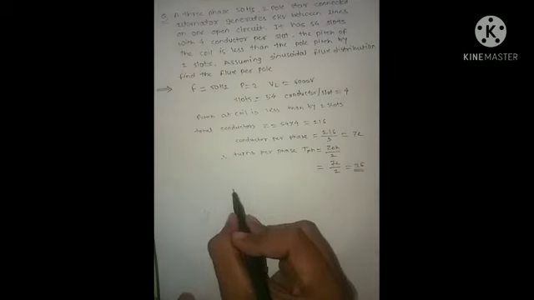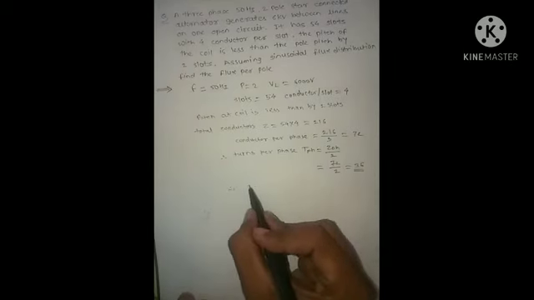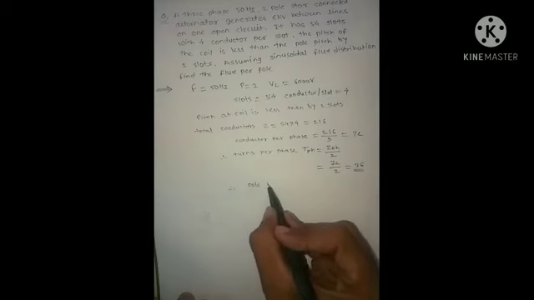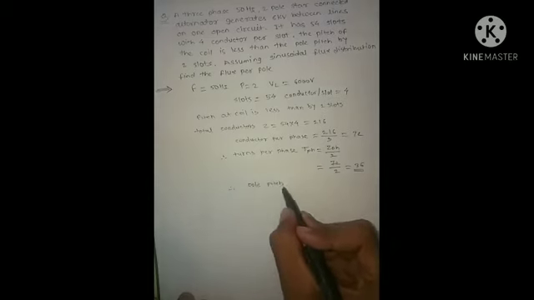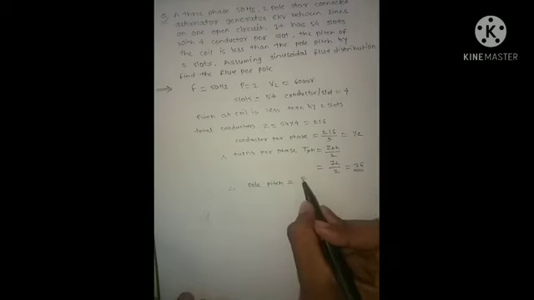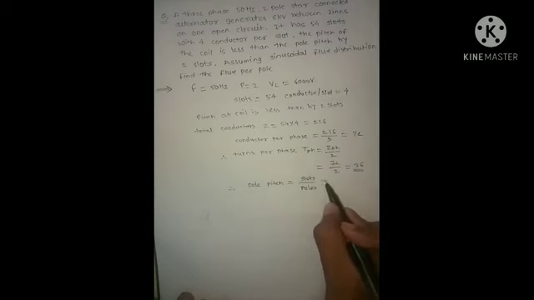Therefore, pole pitch equals slots upon poles equals 54 upon 2 equals 27.